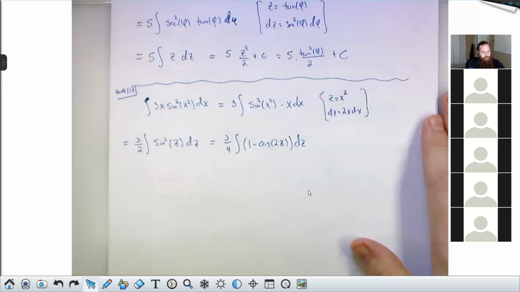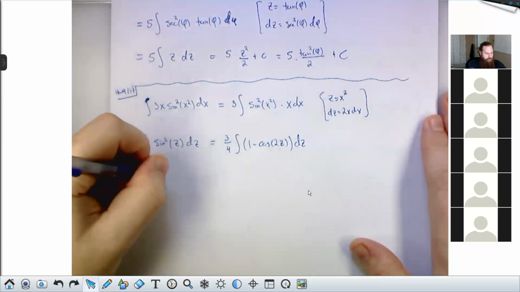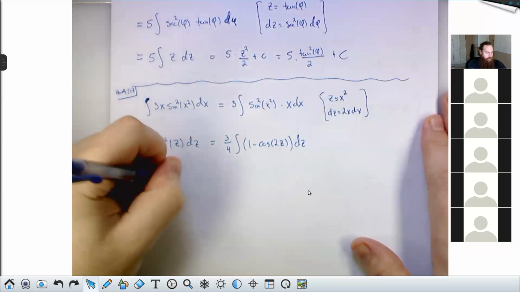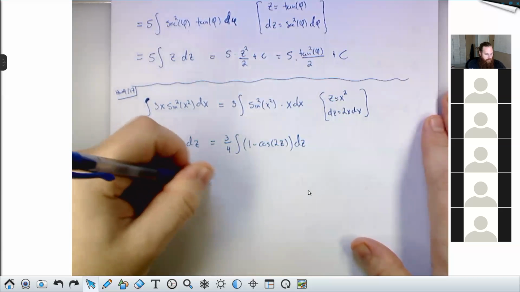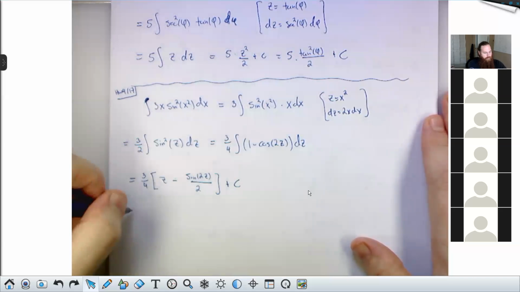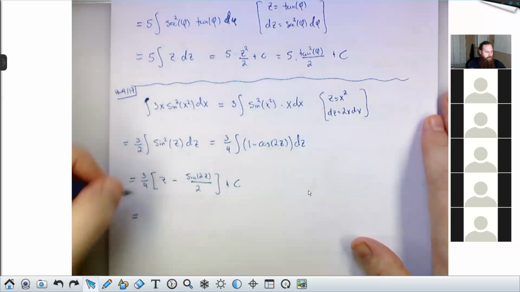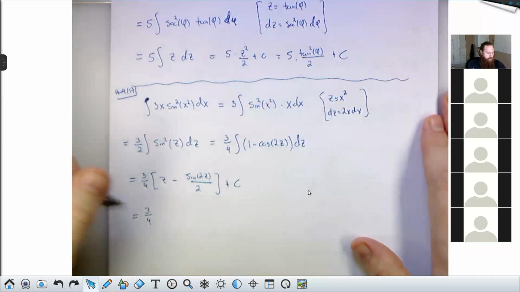And now everything is easy. That's 3/4 integral of 1 dz is z. Integral of cos 2z is sine 2z over 2. And then finally, because it's an indefinite integral, I have to go back to my original variable. I'll also distribute the 3/4.